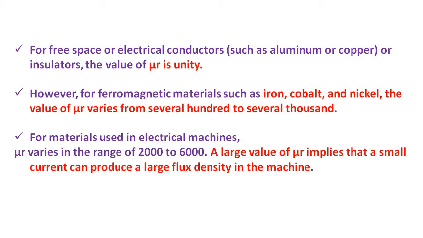For materials used in electrical machines, mu r varies in the range of 2000 to 6000. A large value of mu r implies that a small current can produce a large flux density in the machine.